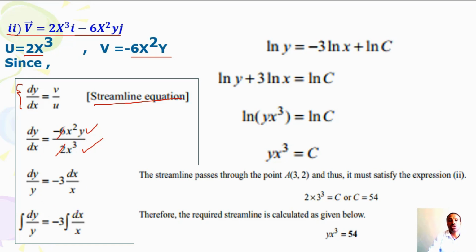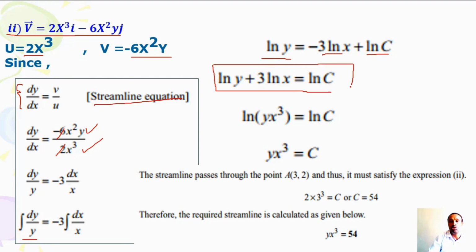Then integrate both sides. Again, you have ln y for this case, and then minus 3 ln x plus ln c, since it is an indefinite integral, so you have to have the constant c. So we have this equation.